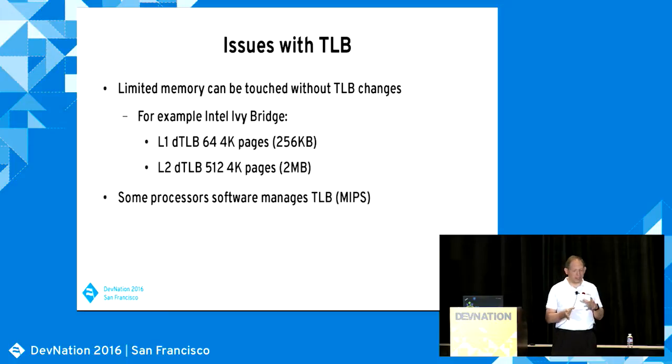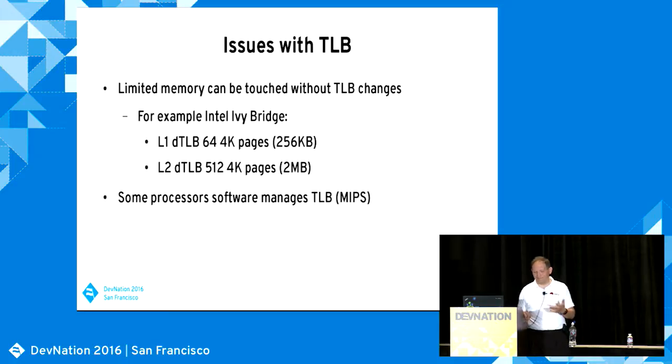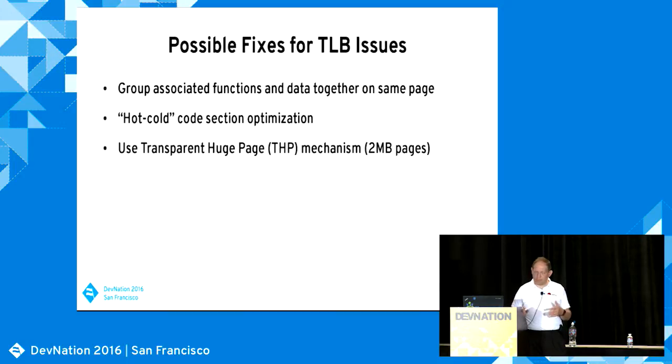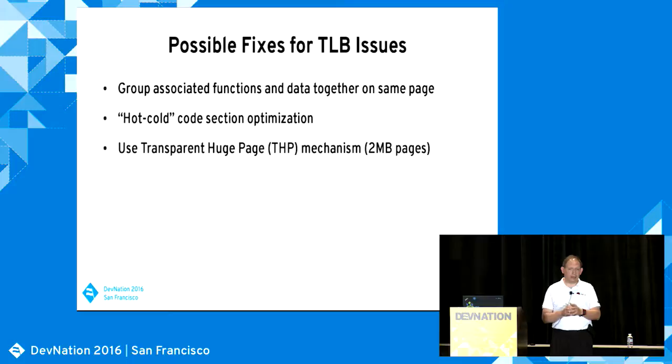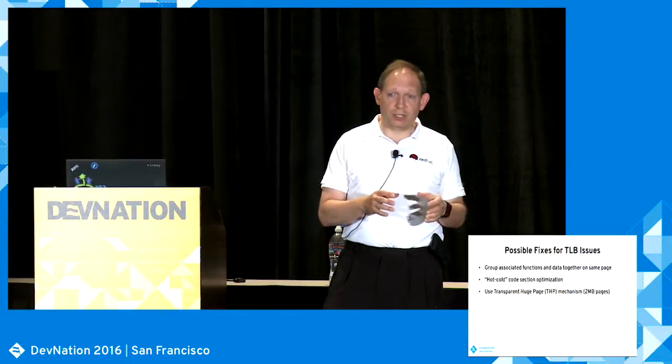Some processors also do software managed TLB, but we don't really have to worry about that too much. Okay. Now, one way to help this problem is to group things together, so functions that use each other are close together, and data that's associated with each other are close together, so that they end up on the same page. Okay? One of the other optimizations that GCC can do is what's known as hot and cold code sections.